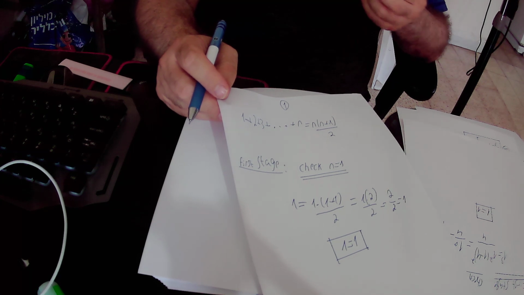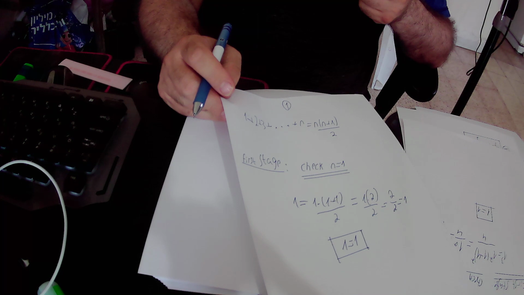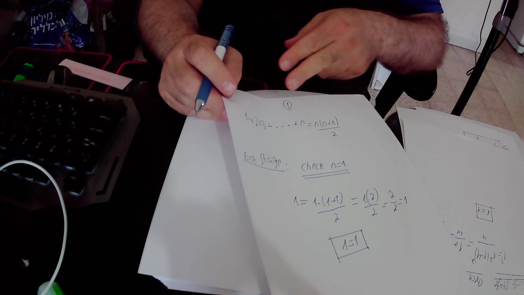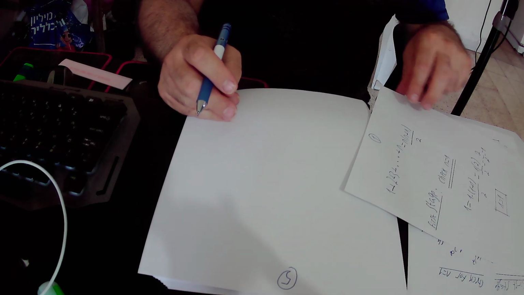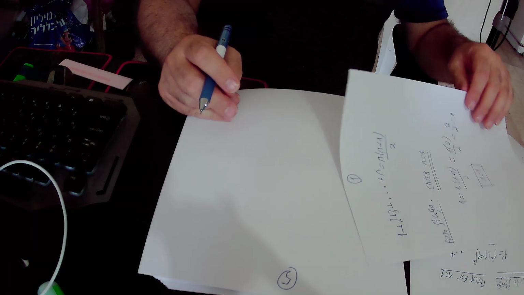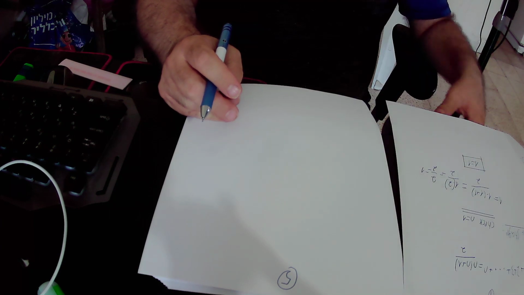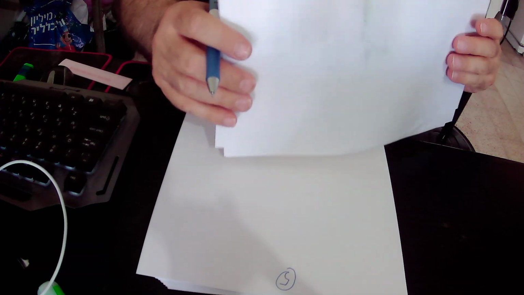And the proof for n plus 1 will rely on our assumption that this statement is true for n. Actually, we will rely on the induction hypothesis that the statement is true for n.